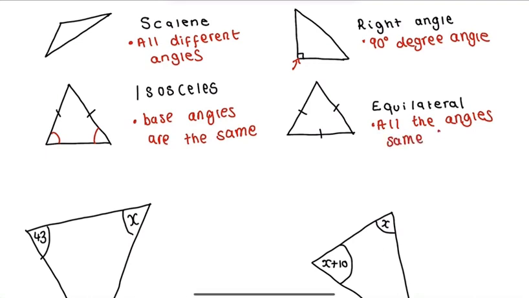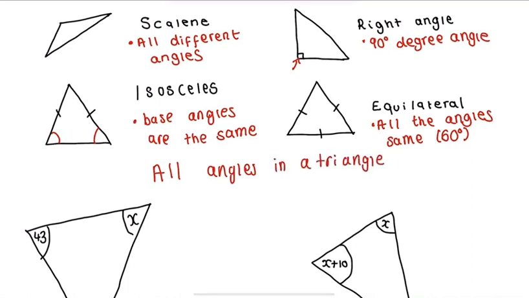And that's because the rule that we need to know today is that all angles in a triangle, regardless of whether it's a scalene, isosceles, right angle, or equilateral, add to 180. That's the idea we're going to be exploring today.